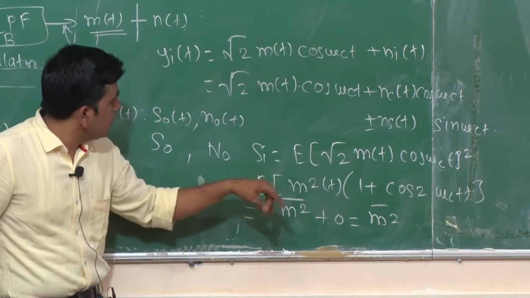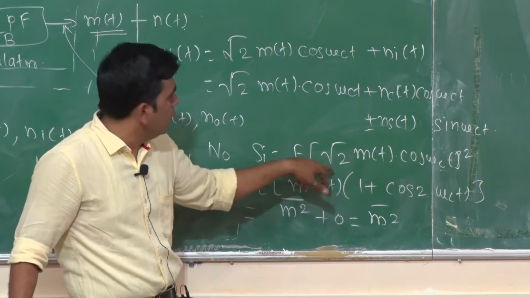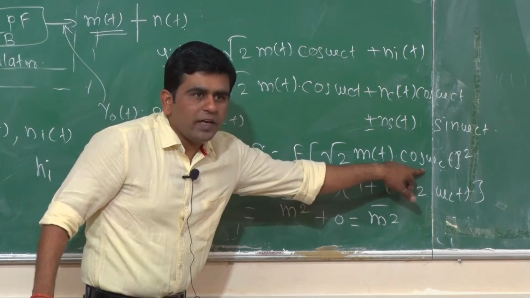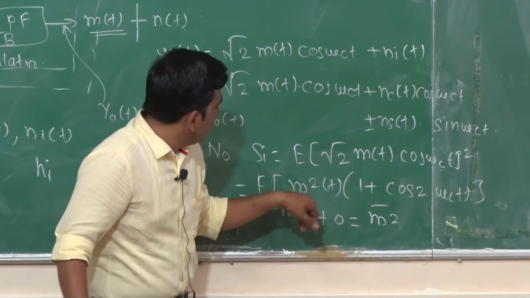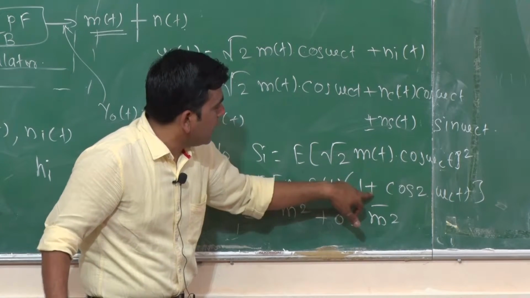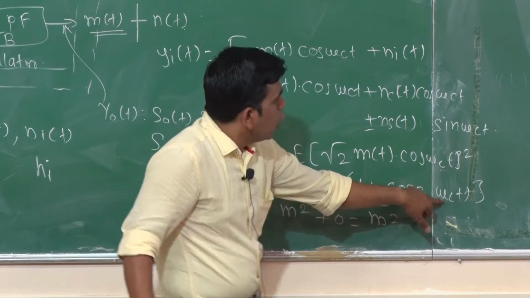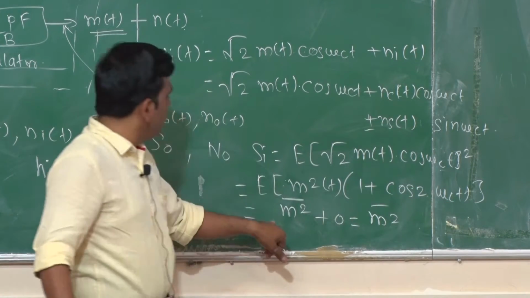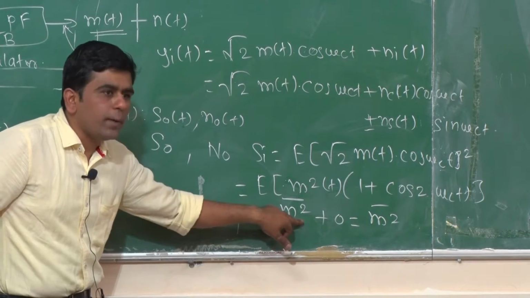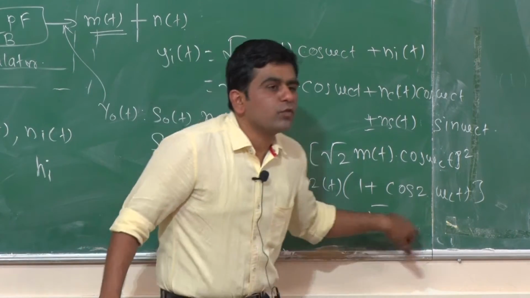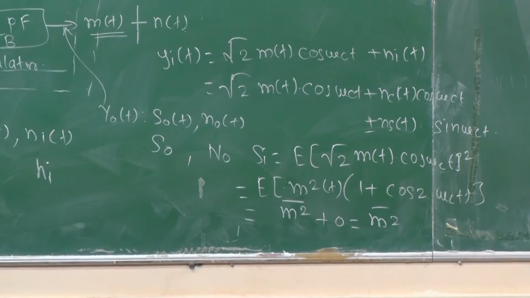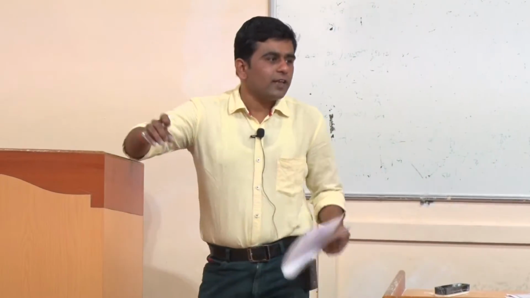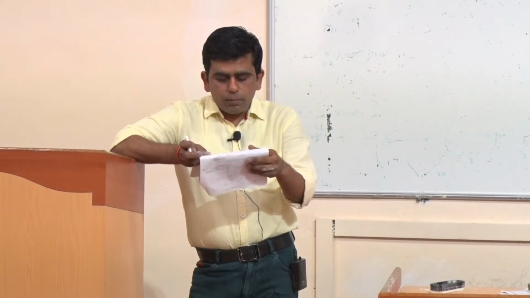So Si is given as the expected value of root 2 m of t cos omega ct, squared. By using the trigonometric representation, we write m square of t in bracket 1 plus cos 2 omega ct. So here we get Si as m square bar plus 0, that is equal to m square bar. This is the signal power which is input to your demodulator.